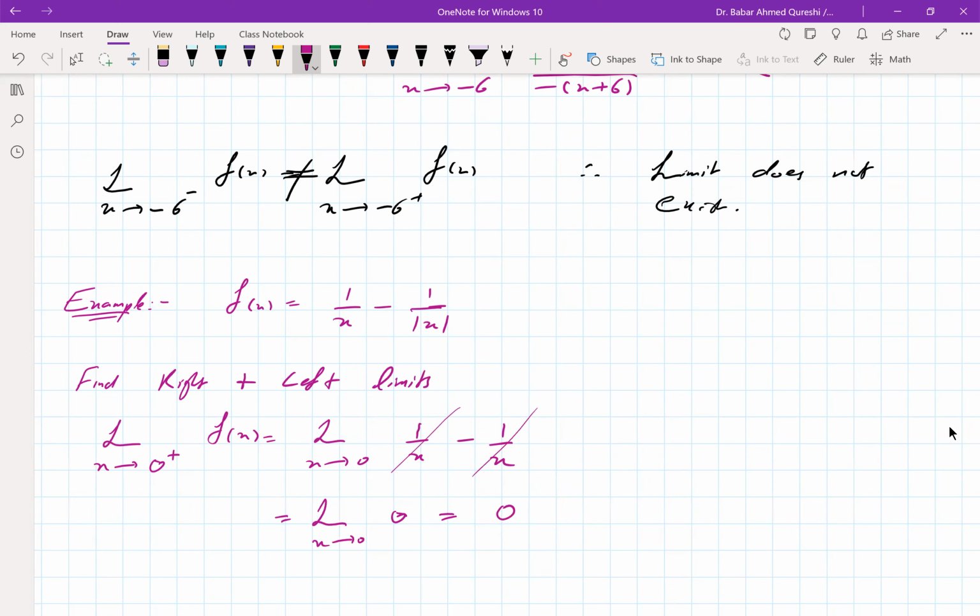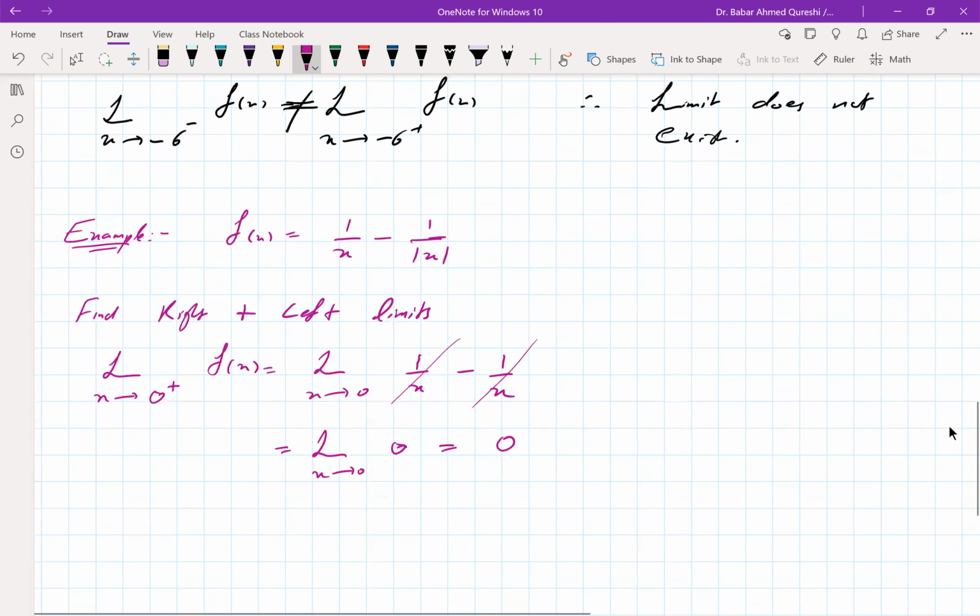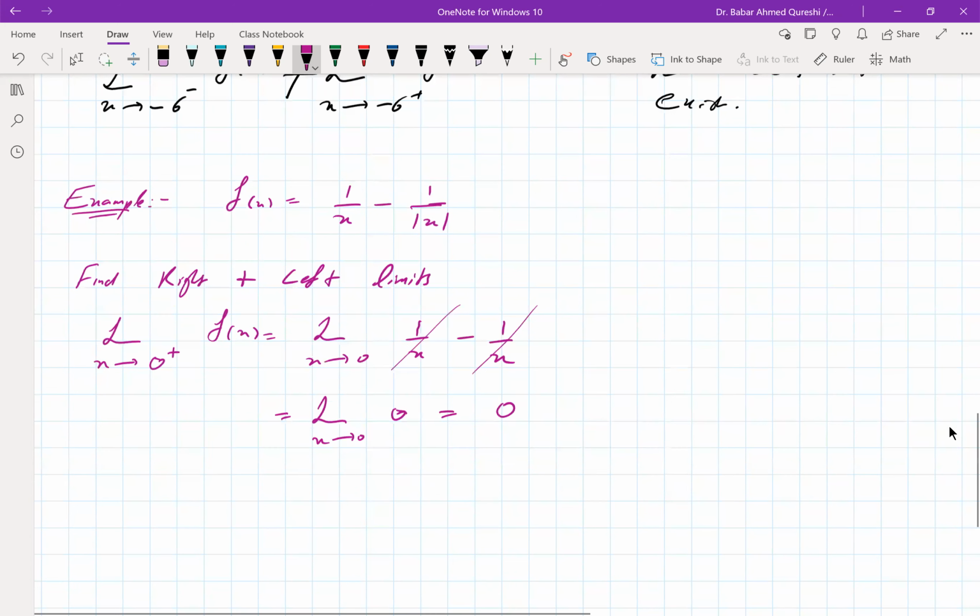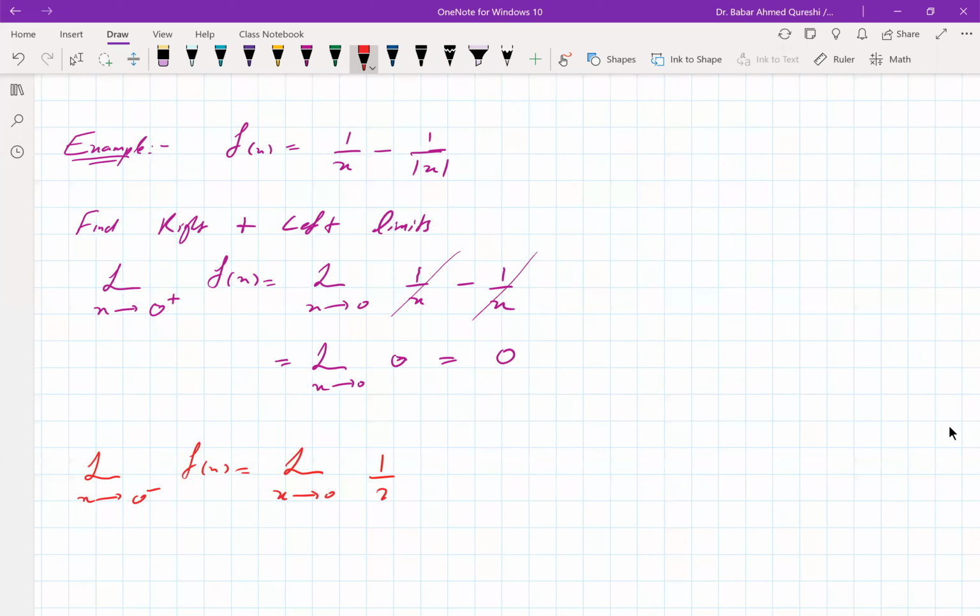So for the right hand limit, you get a 0. Now if I look at the left hand limit, for this, you get a 1 over minus x. So you get 2 over x.